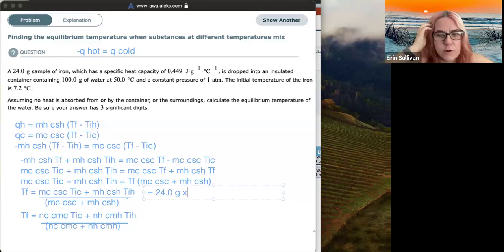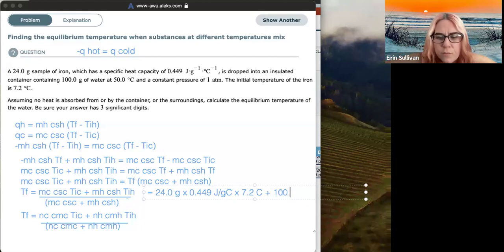This is going to be horrendous to put in my calculator. The specific heat capacity of the iron was 0.449 joules per gram per degree Celsius. And then my initial temperature of my iron was 7.2 degrees Celsius. Right, so you can see how that's all going to cancel out. Beautiful. Right, then the mass of the hot thing, 100 grams of water.